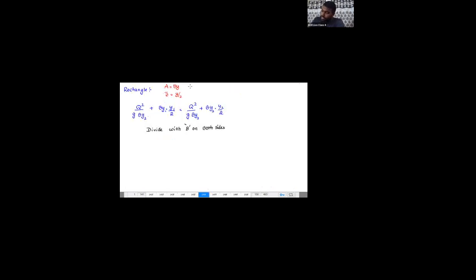In the case of the rectangle, small q is nothing but capital Q by B. If you divide Q square by B square, then small q square by g y1 plus y1 square by 2 is equal to q square by g y2 plus y2 square by 2, because B gets cancelled. Now take q square by g to one side: q square by g into (1 by y1 minus 1 by y2) is equal to 1 by 2 into (y2 square minus y1 square).